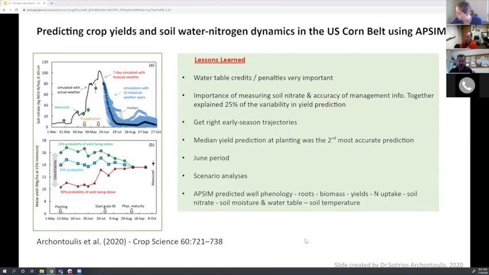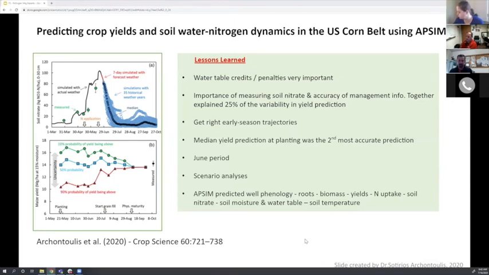And second, in June, in general, the corn prices are the highest. So farmers make decisions about crop yields and selling. So it's very important to have models that can provide information as early as possible.